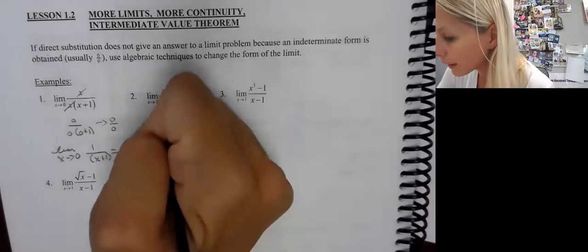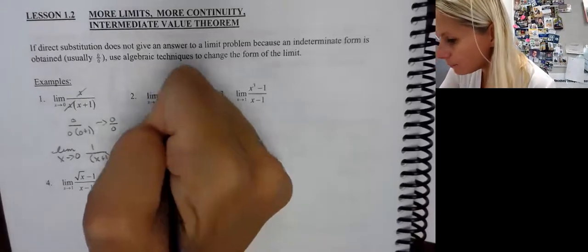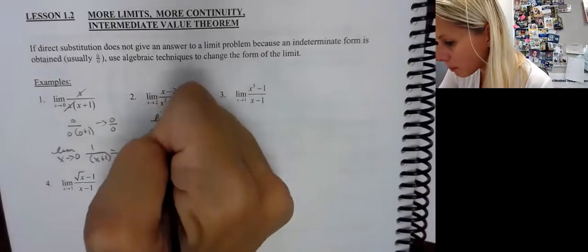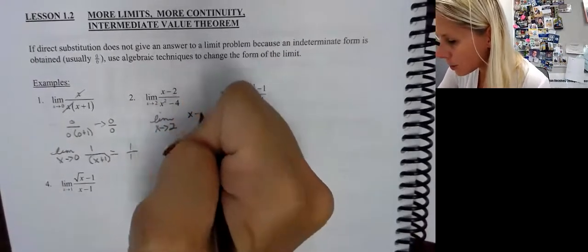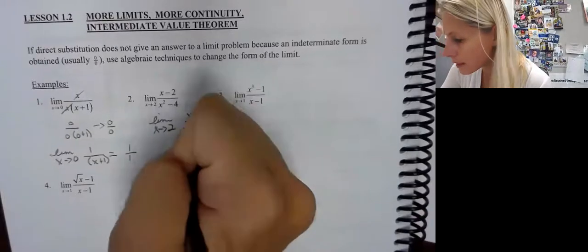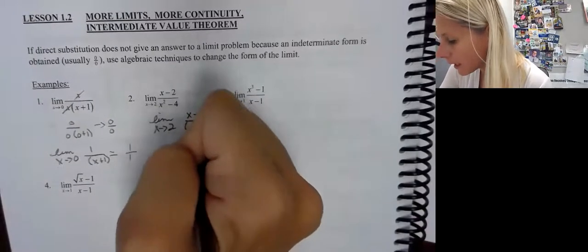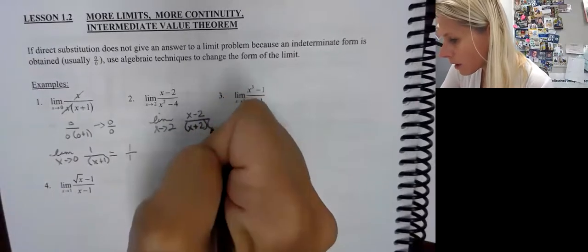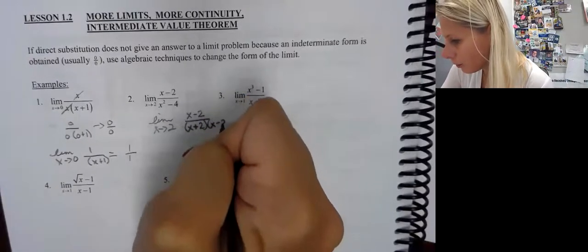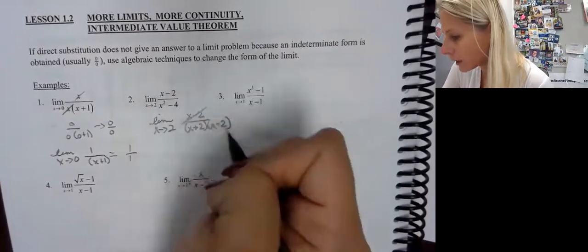So I'm going to rewrite it, limit as x approaches 2. So the numerator I can't do anything with, but the denominator I see is a difference of squares. So it's x plus 2 times x minus 2, and now we can cross off.